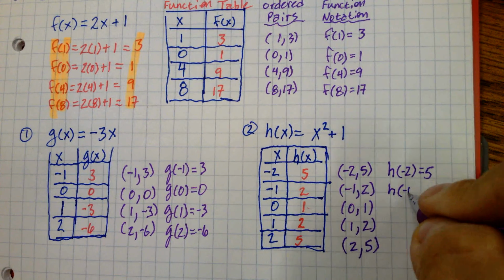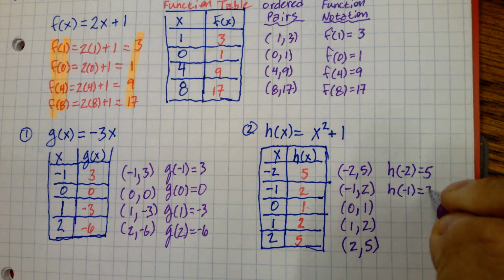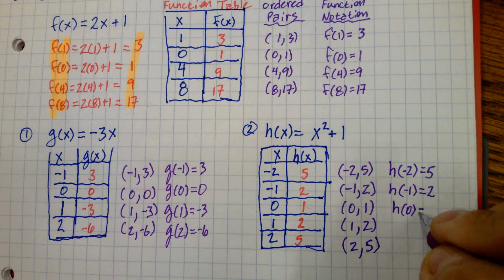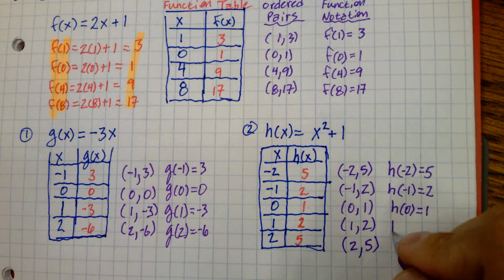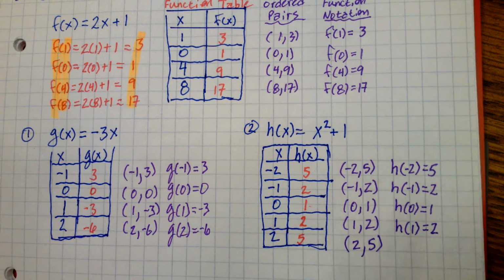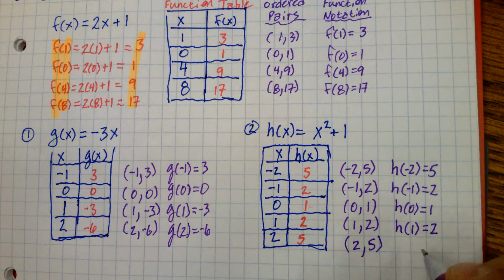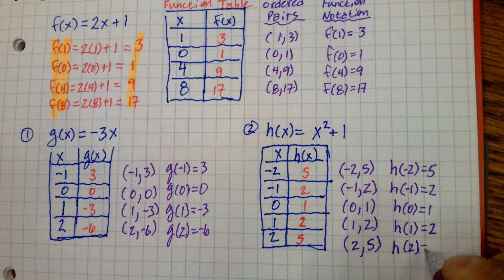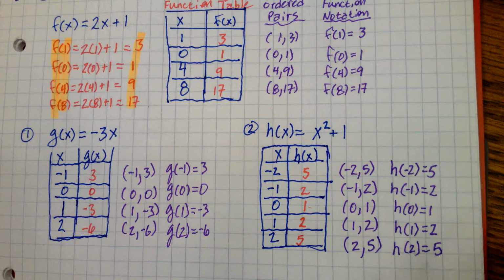H of negative 1 is 2. H of 0 is 1. H of 1 is 2 again. And h of 2 is 5.